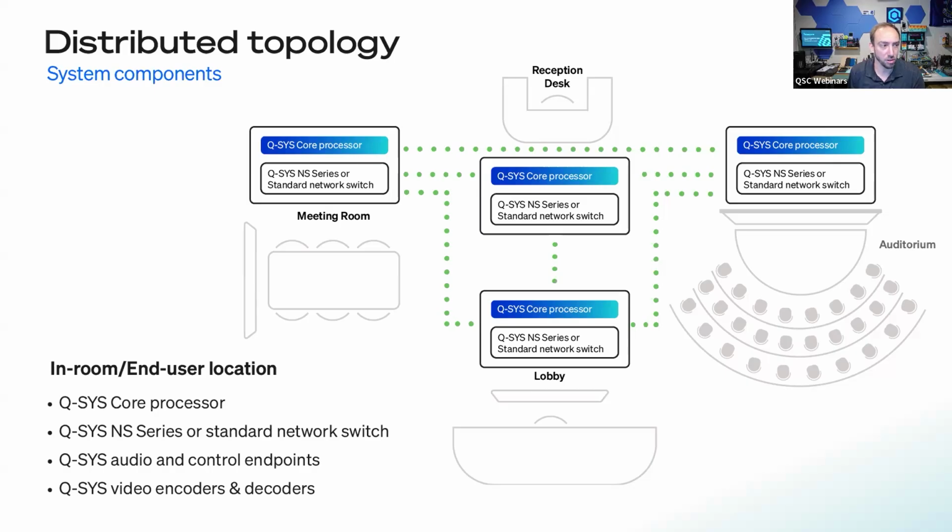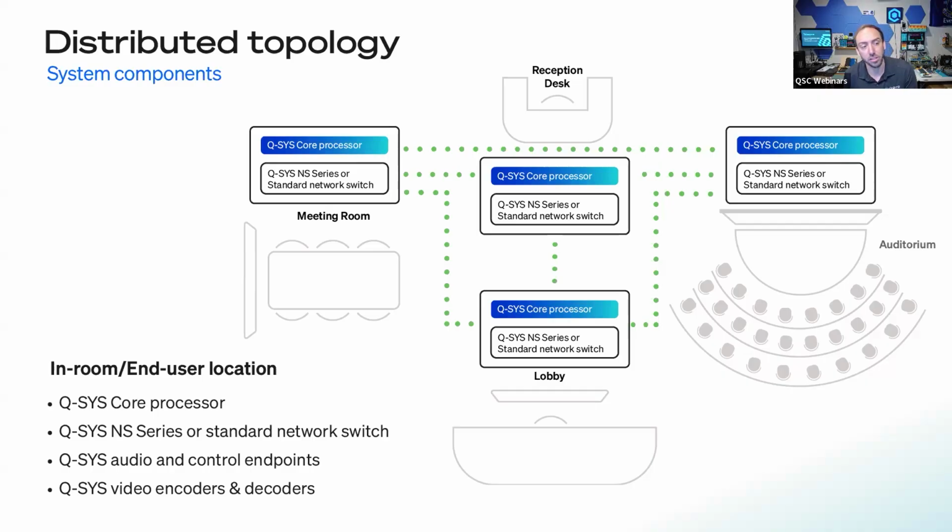versus the distributed topology, where these are those same four spaces, but each one has its own core processor, its own network switch, and its own physical I/O at that location. Now, this comes with an advantage that the network stack is much simpler because each individual system is managed independently. Maybe you have each core processor tagged to a VLAN that exists on all four of them so they can talk to each other and send information like background music back and forth, or that reception desk has to page everyone.